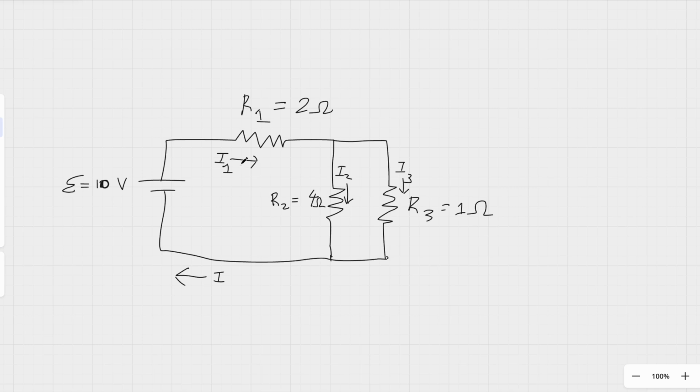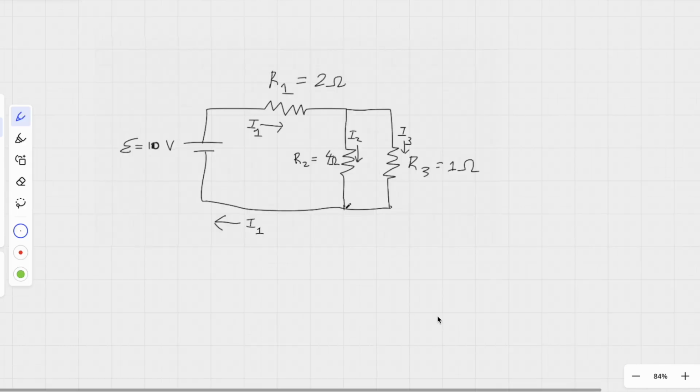Current 1 is going to the right, and it splits into current 2 and 3, and then here they combine back into current 1. After establishing all of that, our main objective now is to find the values of I1, I2, and I3.